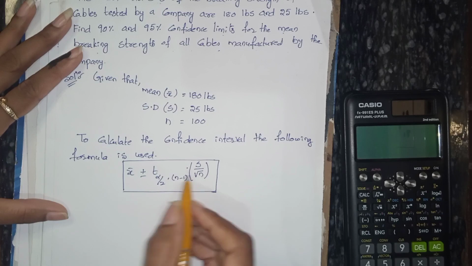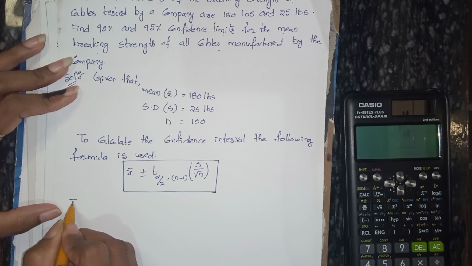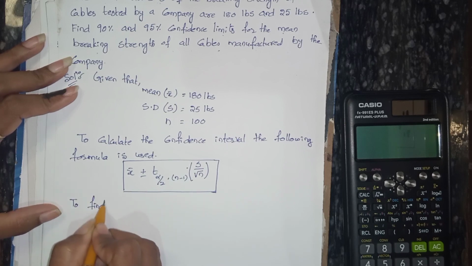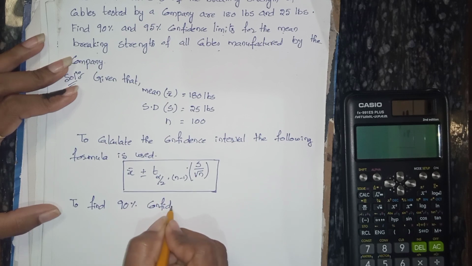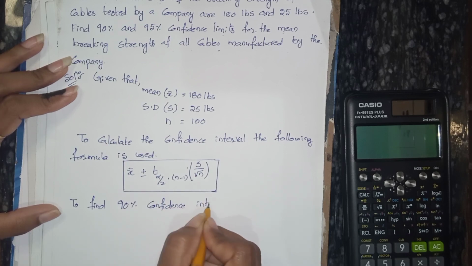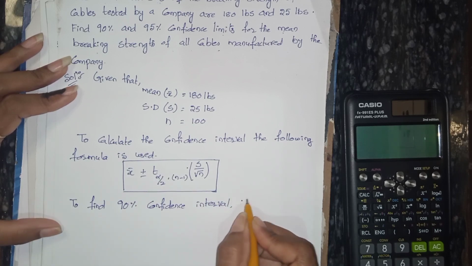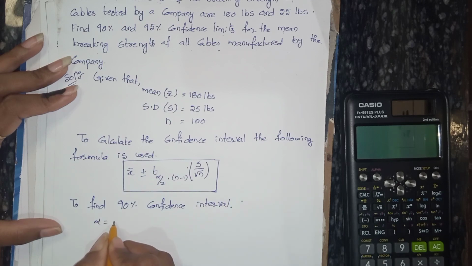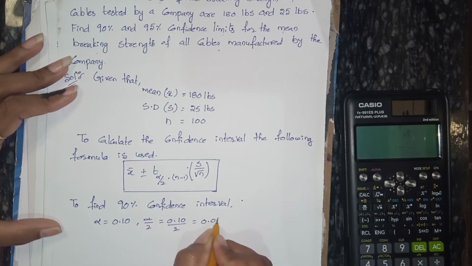Now, for the 90% confidence interval, what alpha value do we take? Alpha value is 10%, or 0.10. So alpha by 2 is 0.10 by 2, that is nothing but 0.05.